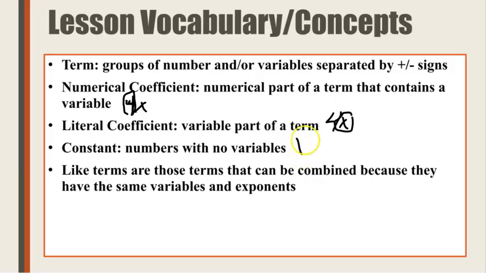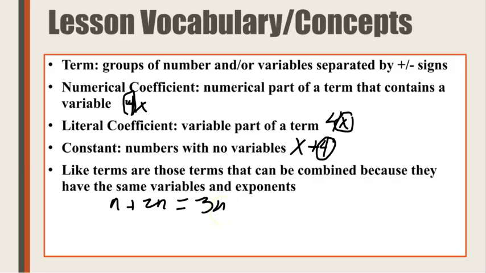So let's just say if I had x plus 4, that's two terms, but this 4 is not attached to any letters, so that would be considered a constant. And then like terms are just those terms that can be combined because they have the same variable and the same exponents. So if I had 1n plus 2n, this would be a total of 3n.